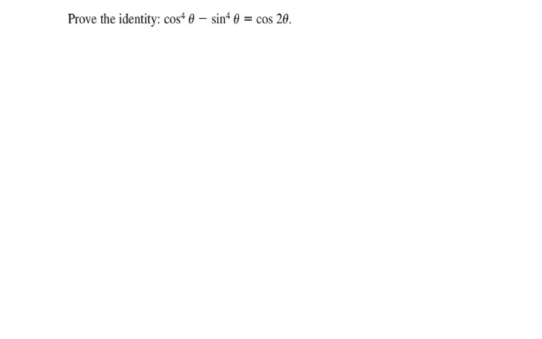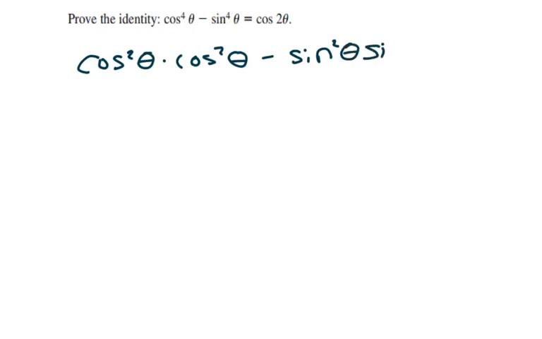And so what we could do is rewrite these, because we do know that cosine to the fourth actually comes from cosine squared times another cosine squared. And then we also have sine squared and then sine squared, which could have been sine to the fourth.